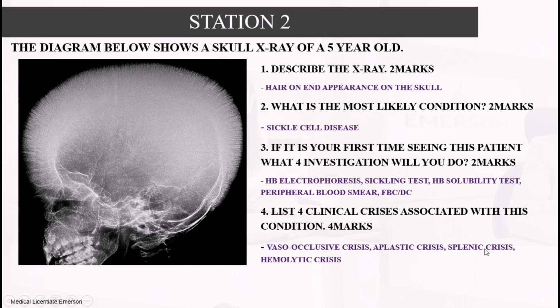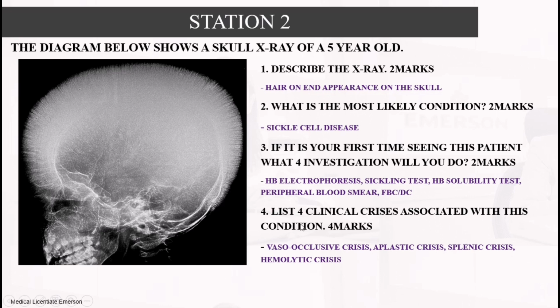In the sequestration crisis, it can be the spleen, and it is the most common. So maybe if the doctors who are marking you want you to put sequestration crisis, it is best to put sequestration crisis.